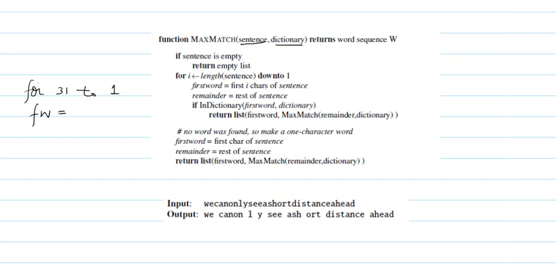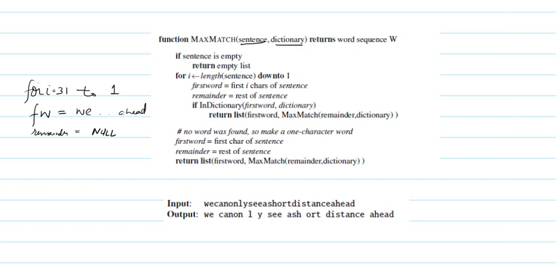So this loop is for I equal to 31, so the first 31 characters, that means the whole thing, and the remainder is equal to the rest. So the rest is right now nothing, simply an empty string, or let me write it null.